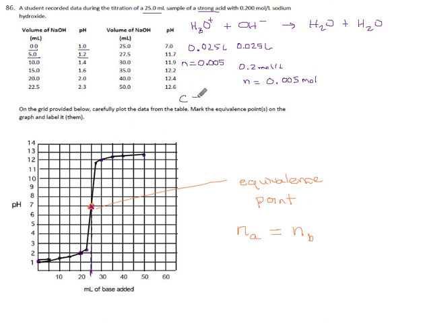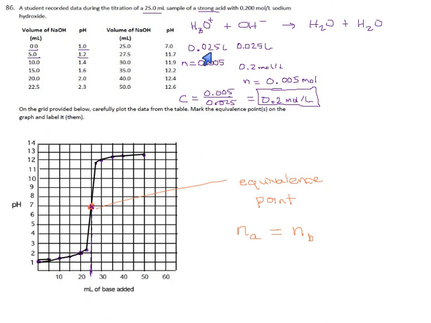And so our concentration for this would be number of moles divided by volume equals, and funny thing, it comes out to 0.2 moles per liter again. So that's our concentration for the acid.